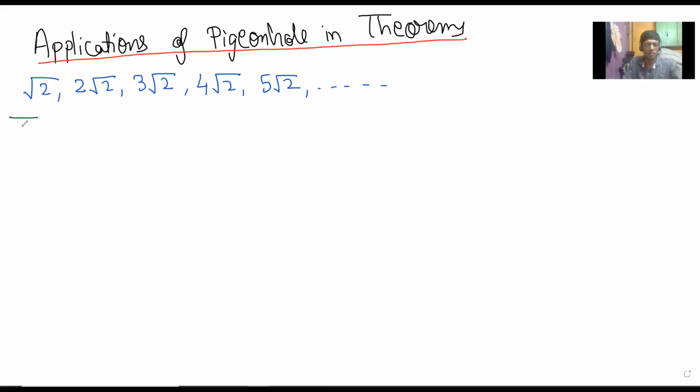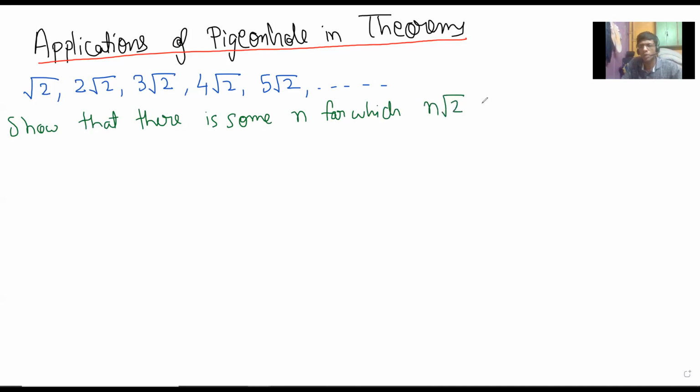show that there is some n for which n times root 2 looks like this: whatever is to the left of the decimal I'm not really interested in now, but to the right it will look like this.